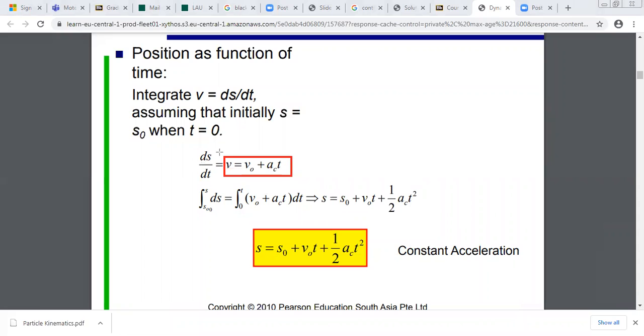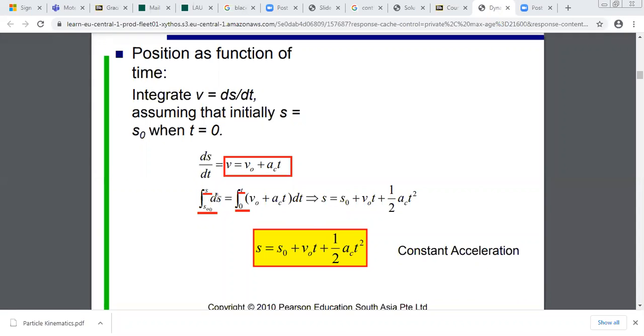So now, to find ds, I do separation of variables. I take dt to the other side. I get integral ds, and I put the boundary condition. For t equals 0, I have s equal s0, and for any time t, I can find the corresponding position s. So integral ds is equal to integral between 0 and t of v0 plus ac t dt.